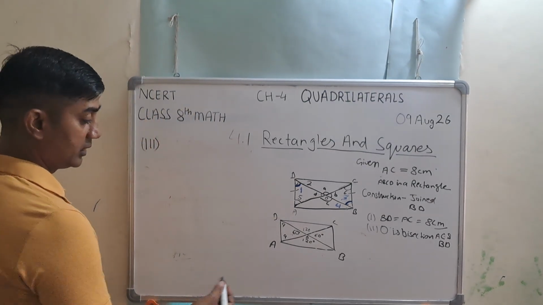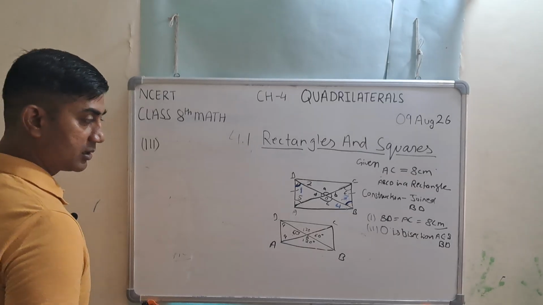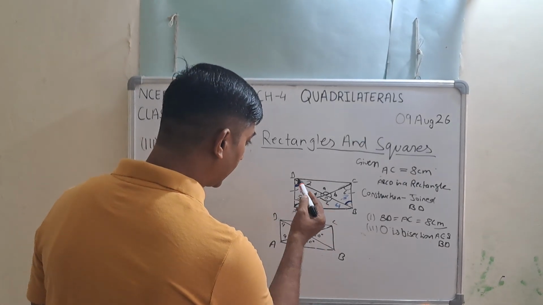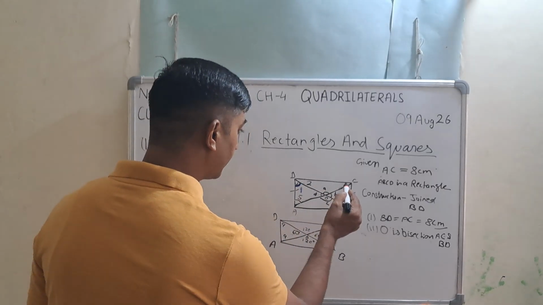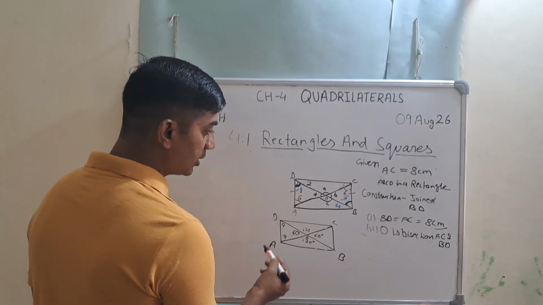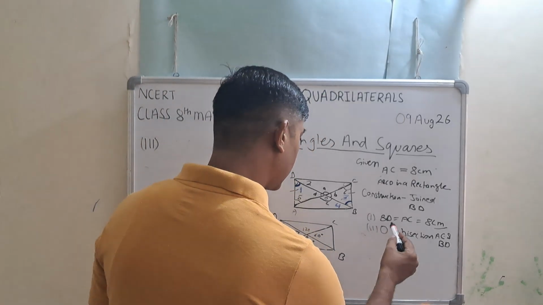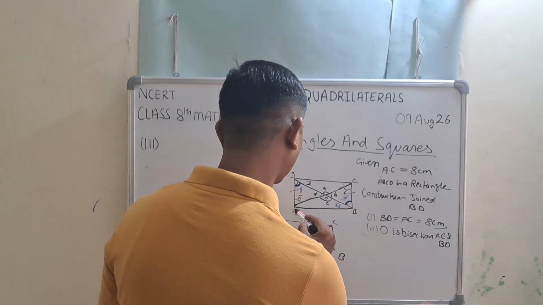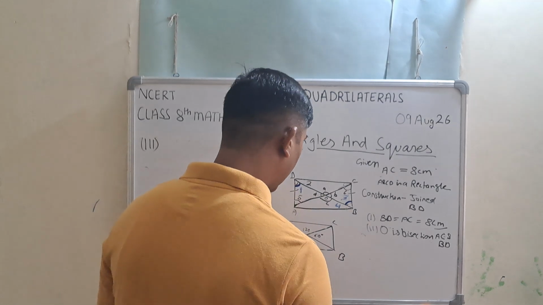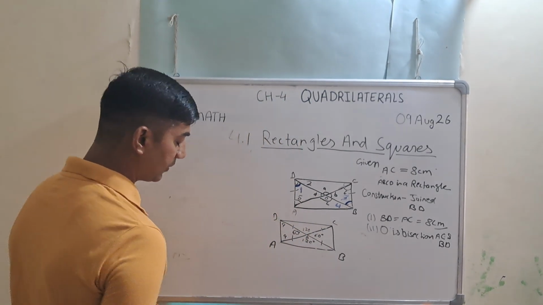These both angles are equal, and this is how we can prove that. When we take angle AOB and angle DOC, then we can prove that these two angles are equal. These two angles are equal because we have seen in our conclusion that AO and OC, and OB and OD are equal. These sides are equal. We have concluded.